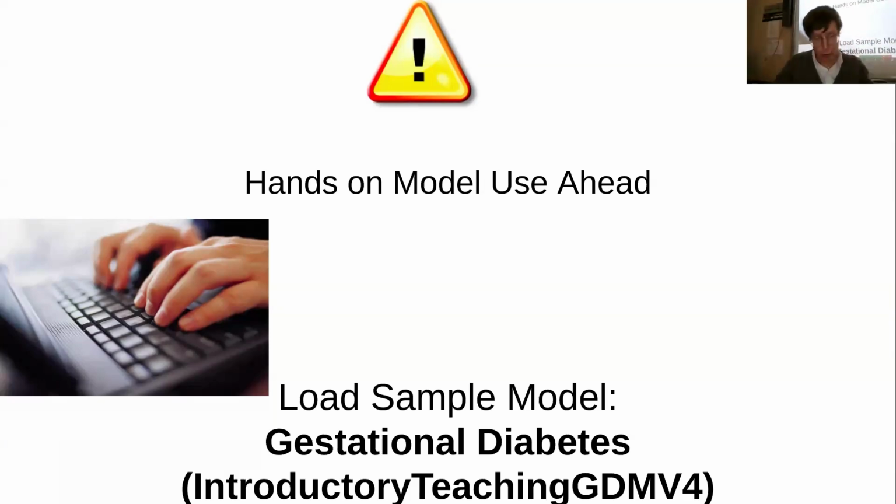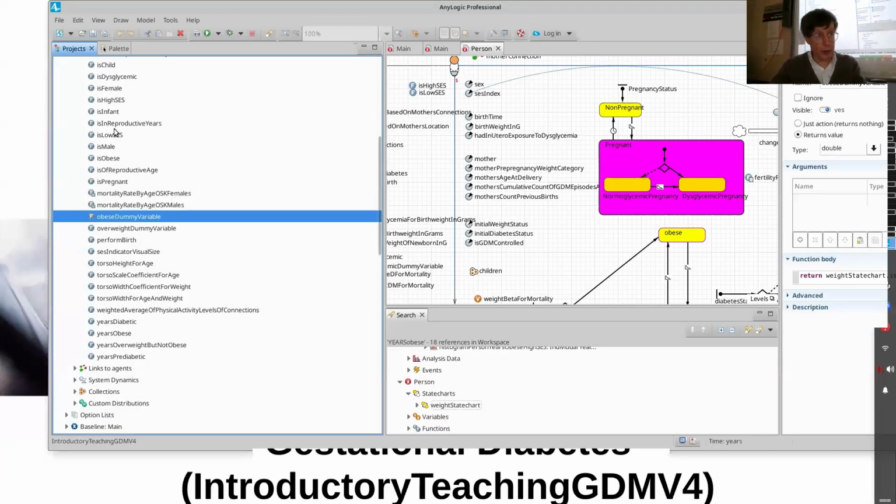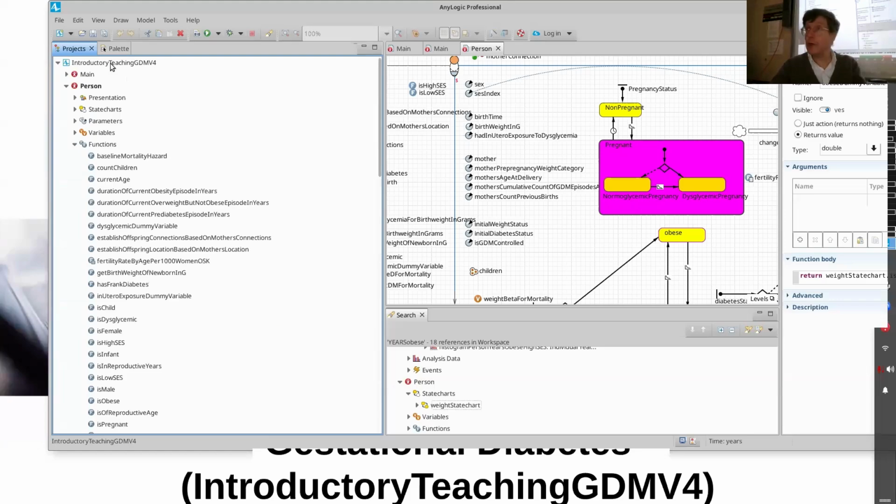So I put onto each of the course LMS sites a model that involves gestational diabetes. On the Fields LMS, I think its actual title begins with that. By contrast, here on University of Saskatchewan, it's called Introductory Teaching GDM v4. You don't see it?